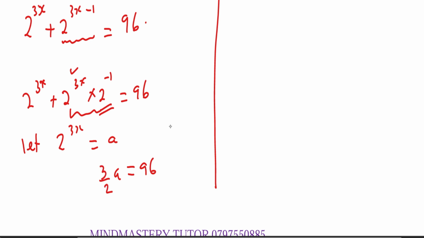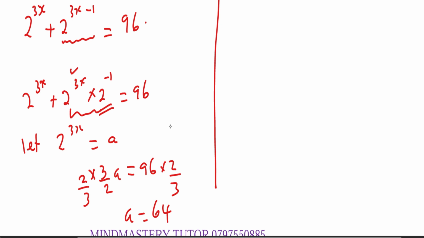So for you to get A, times 2 over 3 on both sides, A is therefore 96 times 2 over 3, which is 64. So that is your A, but that's not your answer.